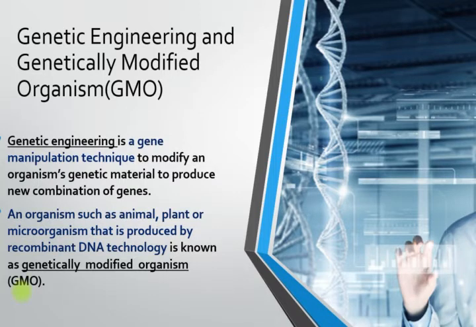So what is a GMO? It refers to an animal, plant or microorganism that is produced by recombinant DNA technology. Later I will explain about the recombinant DNA technology. Alright, so make sure you know the terms of genetic engineering and also genetically modified organism.